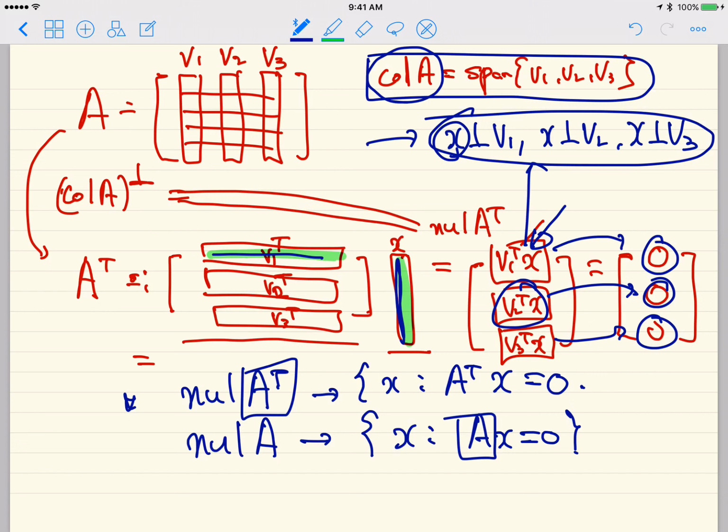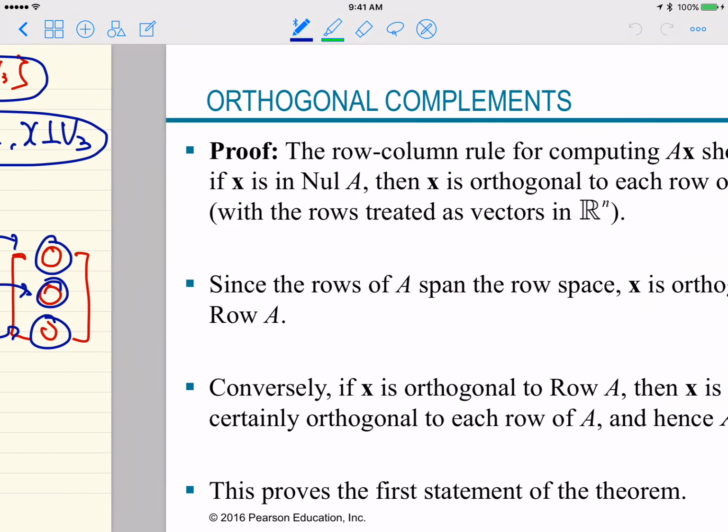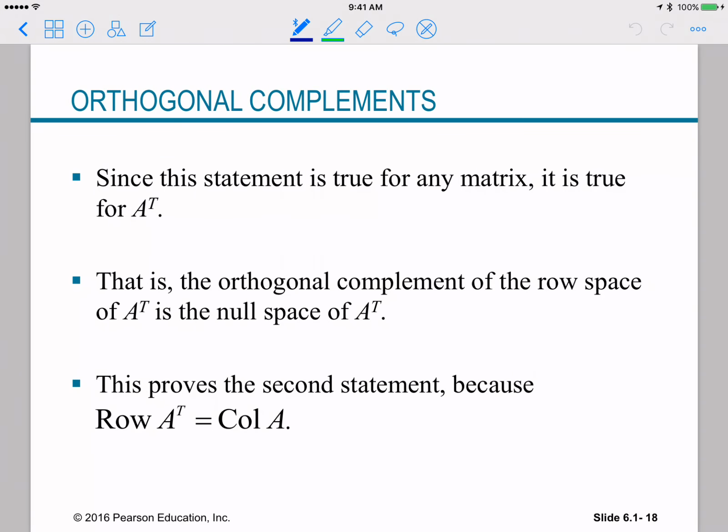So the basis is the columns of matrix A, and you have to form the inner product between this column and your vector x. In order to form the inner product, you first have to transpose one of the column vectors into a row vector, and that's why we do the transpose. Okay, any questions?